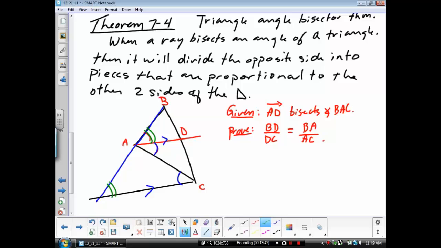So by substitution, I should be able to show that these angles are the same as those angles. That's what we're going to use to help us prove this proportion.